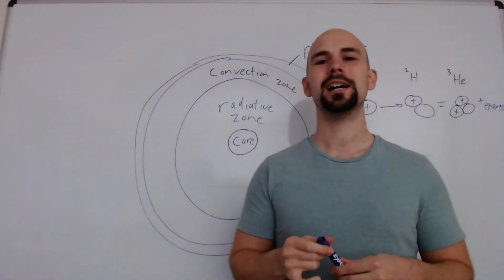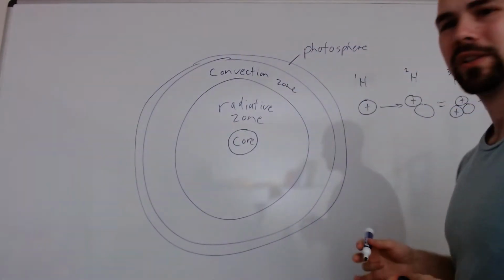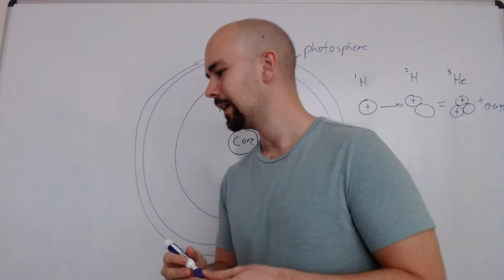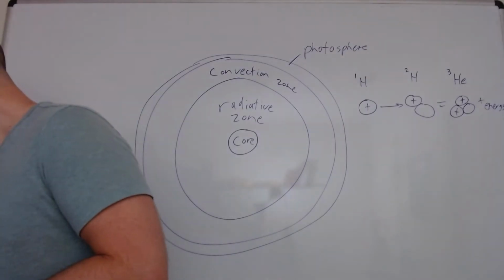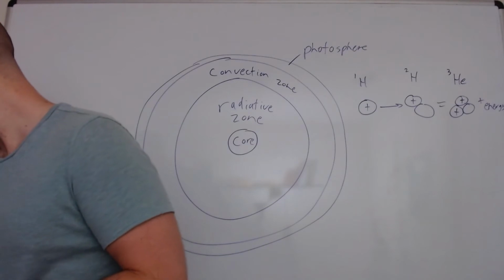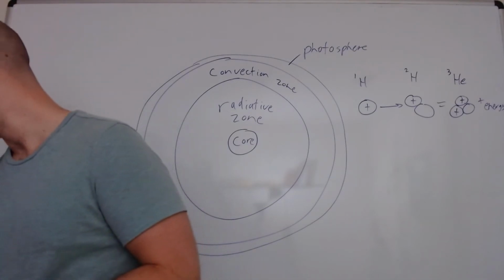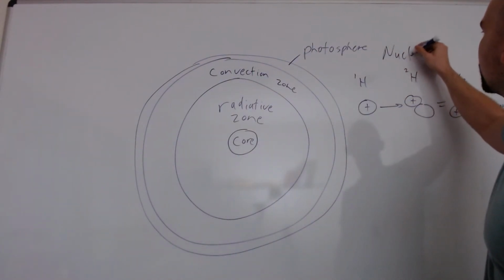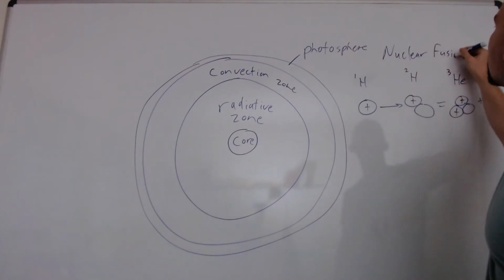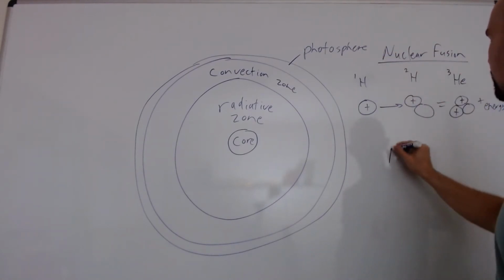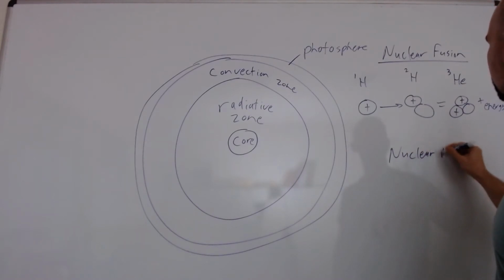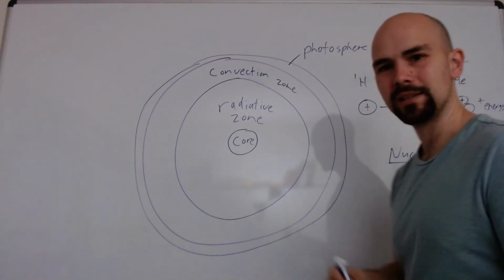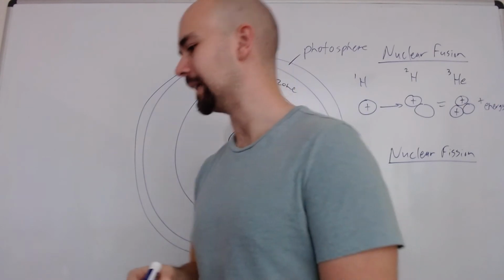There are other reactions, for example, fission, and fission is different. What happens with fission would be visible on figure 16.3. Let me skip ahead, this actually appears later in the module. Here's nuclear fusion, and then here is nuclear fission. In nuclear fission, you're splitting an atom rather than combining like in fusion.